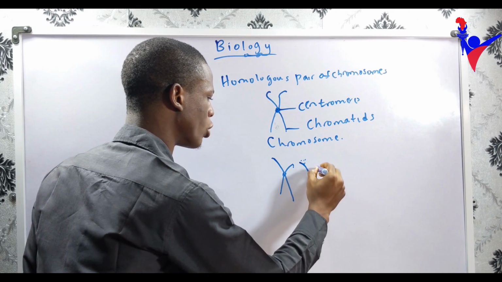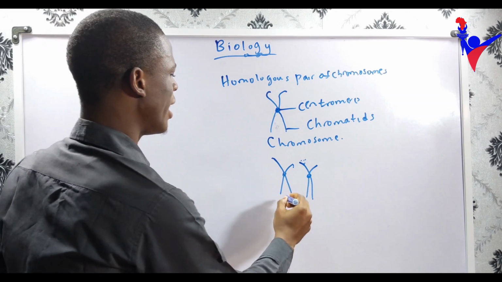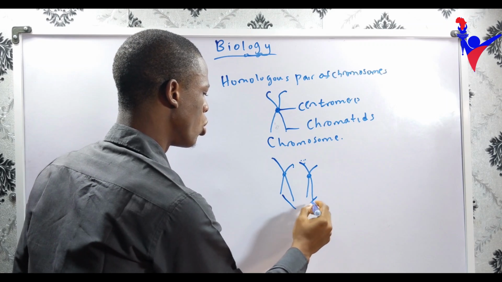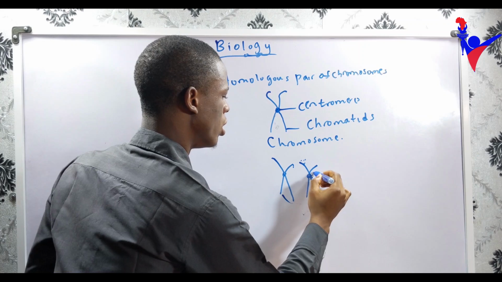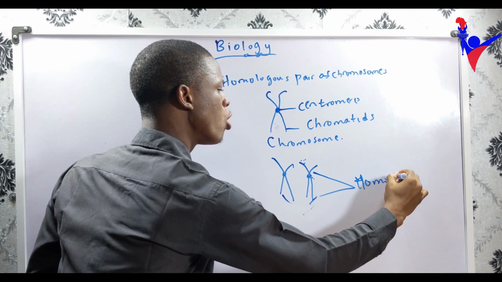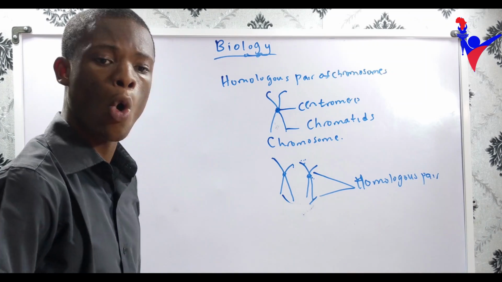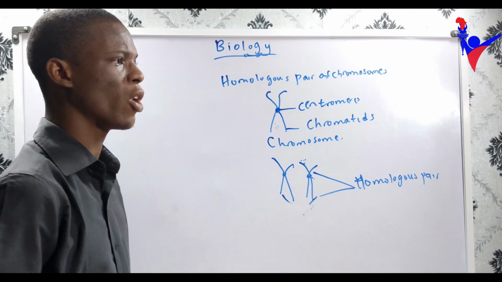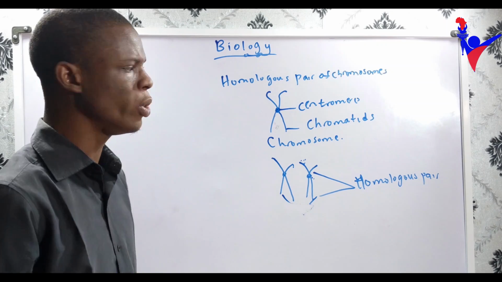So with this structure, we can say these two chromosomes are called a homologous pair.